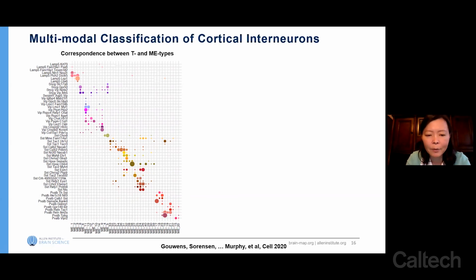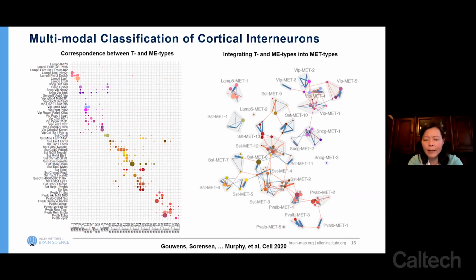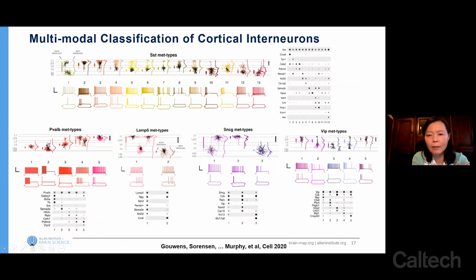At the same time, we also notice that this correspondence is not perfect. It's not one-to-one. There's often this kind of fuzziness at a fine-grained terminal leaf level for both types of classification. Then we use the mapping statistics to integrate the ME and T information together to define 28 what we call MET types.